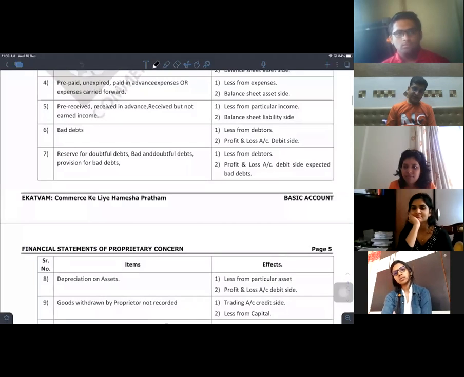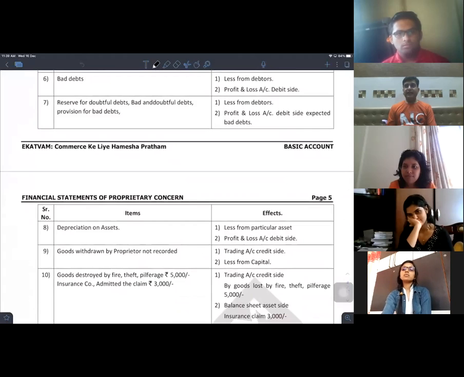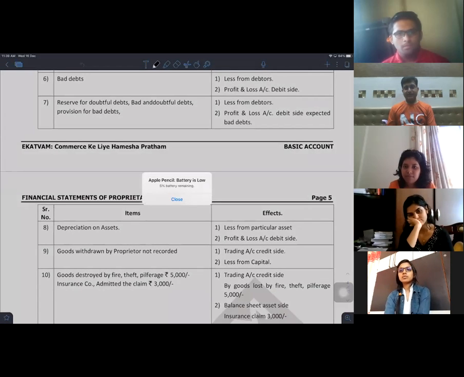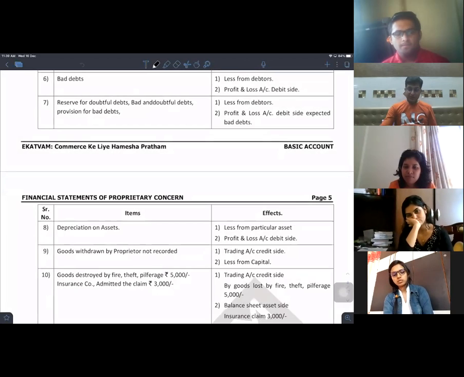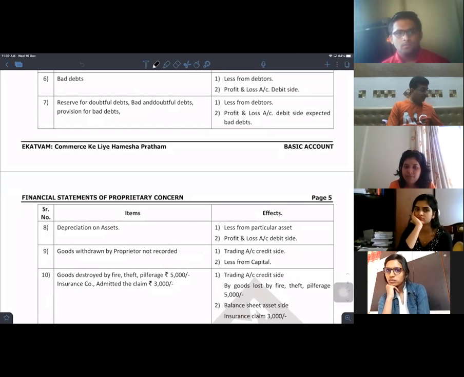The next adjustment that is related to bad debts means what? The debtors to whom you had sold the goods on credit basis, they have defaulted your payment.